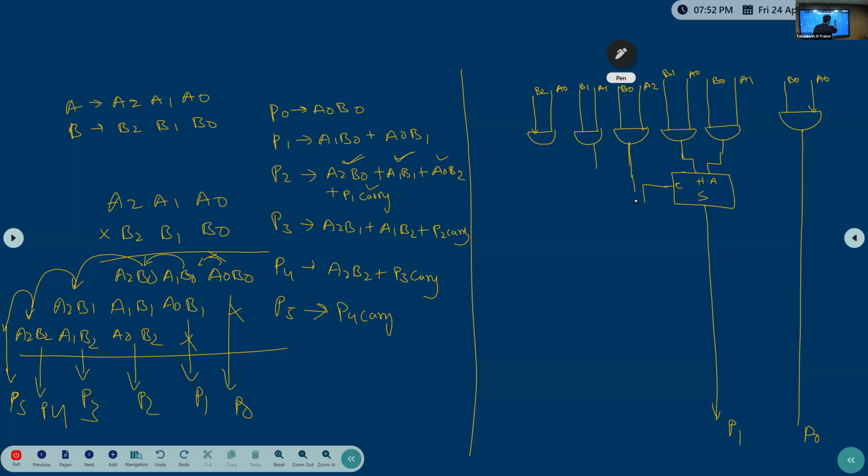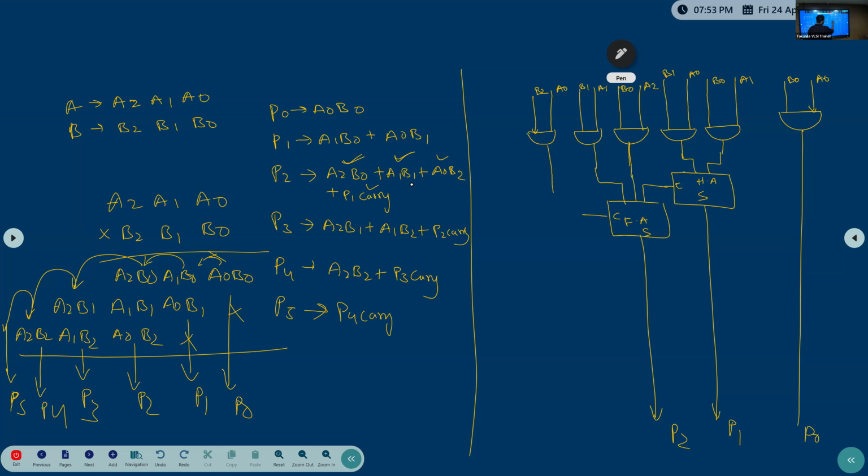This one, this one, this one I need to give to the full adder. It will generate the sum and the carry. We already represented this on this side: A2 B0, A1 B1, A0 B2 plus P1.